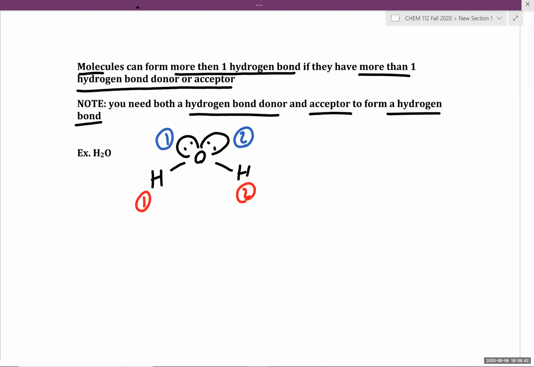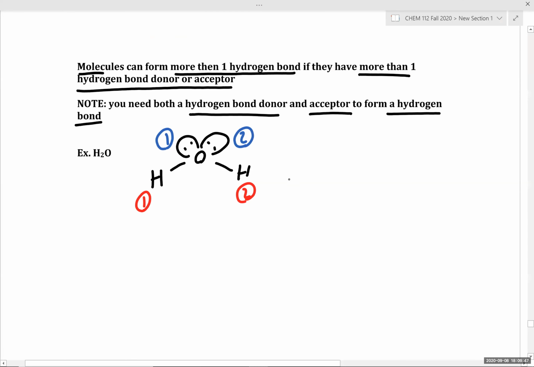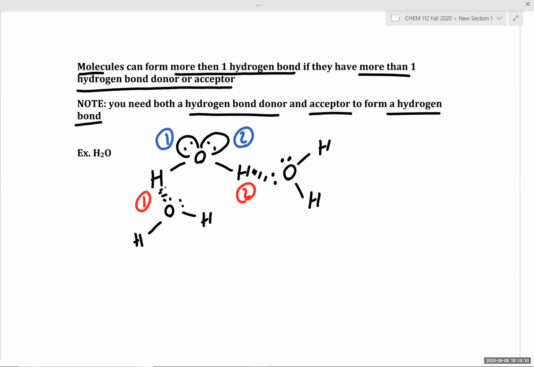This is really why water has a very high boiling point for such a small molecule, because water is able to engage in not just 1, but 2 separate hydrogen bonding interactions per molecule. This is why water has such a high boiling point, because it's engaging in multiple hydrogen bonding interactions. Does that make sense to everyone?